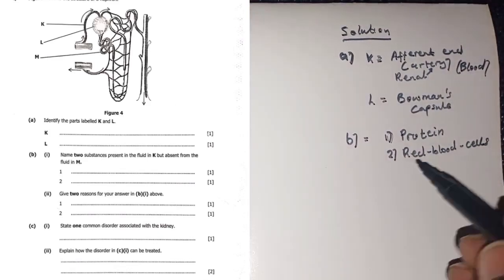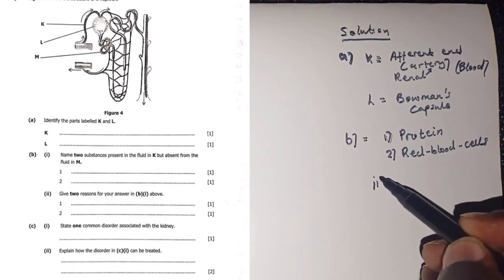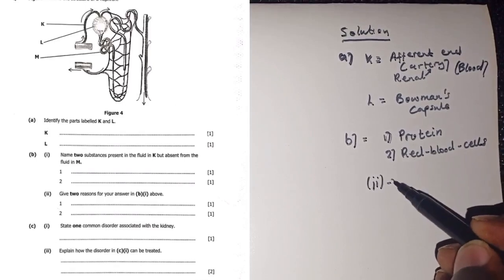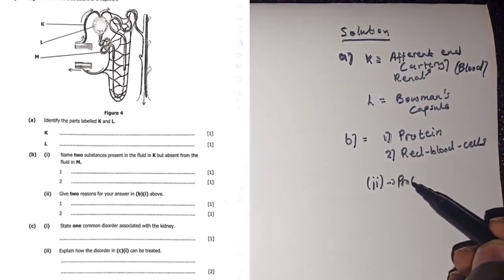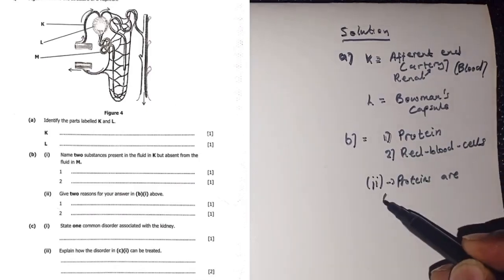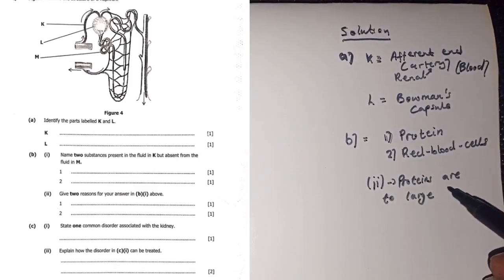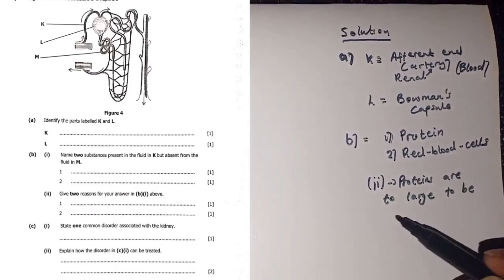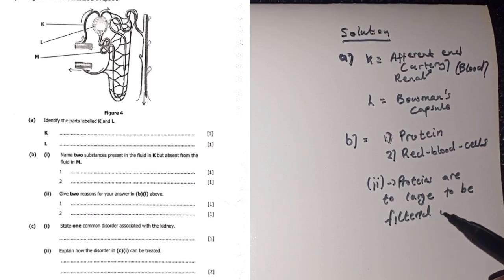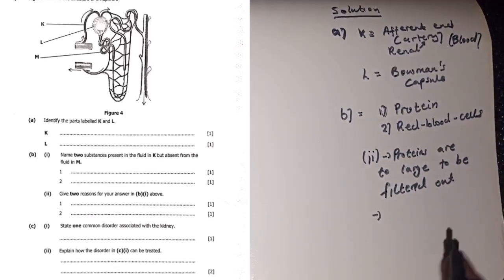Give two reasons for your answer. Wow, this is nice. The reasons are that first of all, you can talk of the proteins. Proteins are too large to be filtered out. Also, you can talk of the pores.